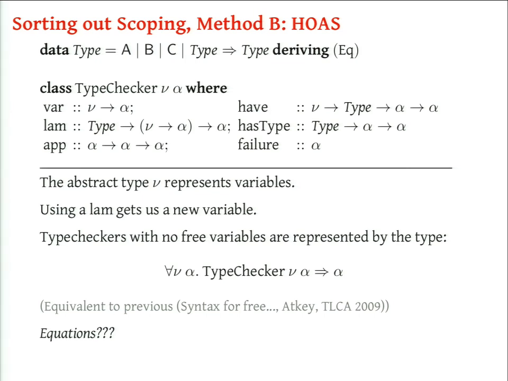And due to the magic of parametricity, because the only way of getting a new v is this lambda, we can always be sure that terms will be well scoped. Type checkers with no free variables are represented by this type, with a type class constraint here, and you can always be sure that the terms are closed.